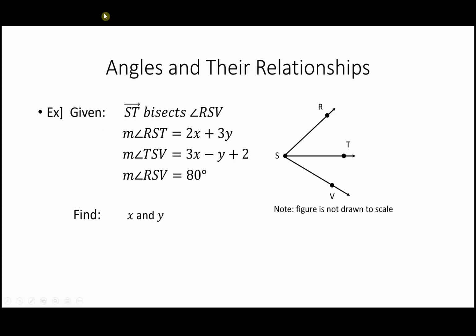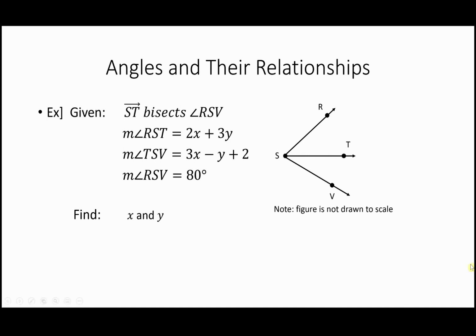All right, let's get into our very first example in which we're given a figure. We're going to be representing some angle measures via algebraic expression or an explicitly given degree measurement here. And I want you to note that this figure is not drawn to scale, and this is a little bit of practice for you to give some leeway to some of the figures that are drawn in your book.